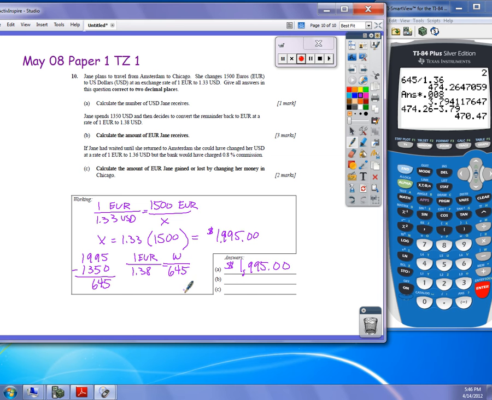This time we'll end up dividing, and the number of euros she gets is 645 divided by 1.38, and she'll end up with 467.39 euros, part B.